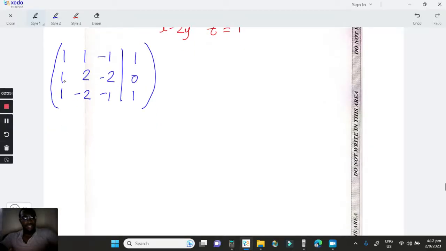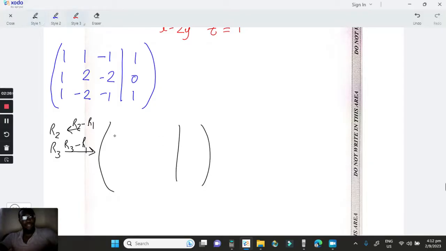So the new row 2 is going to be row 2 minus row 1, and the new row 3 is going to be row 3 minus row 1. We don't change row 1, so we put back row 1 as it is: 1, 1, minus 1, 1. Row 2, 1 minus 1 is 0.